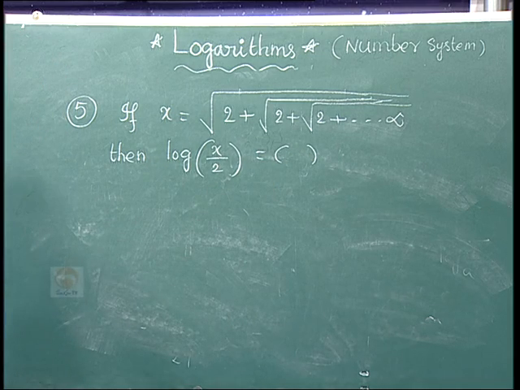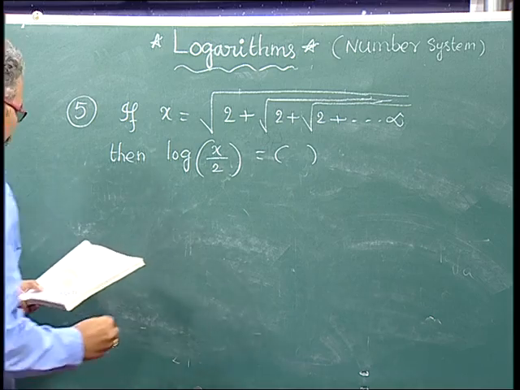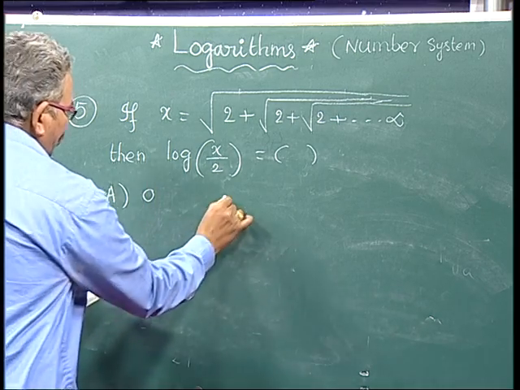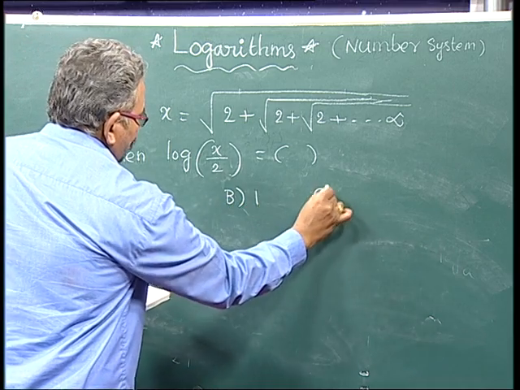So, let us verify the options now. A 0, B 1, C 2, D 3.